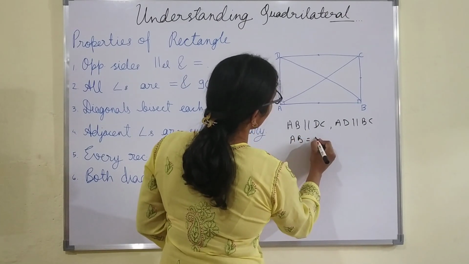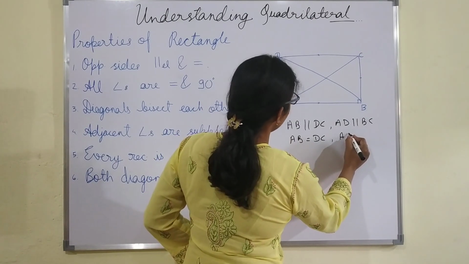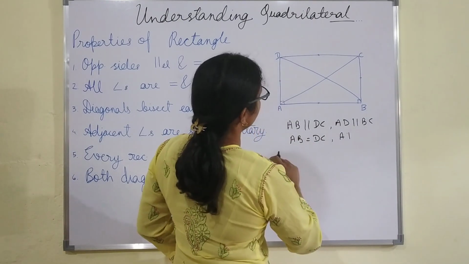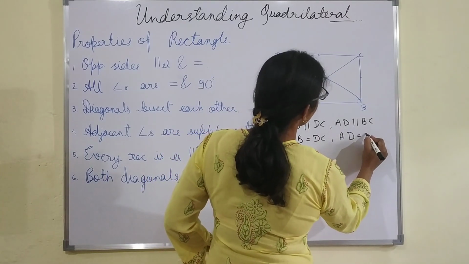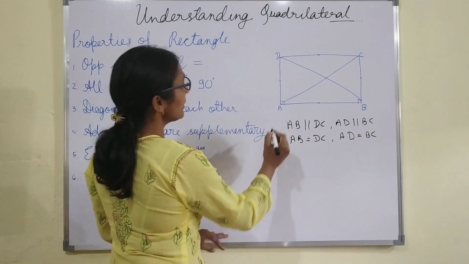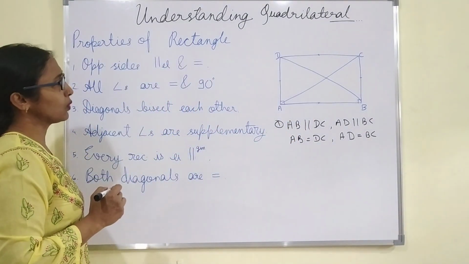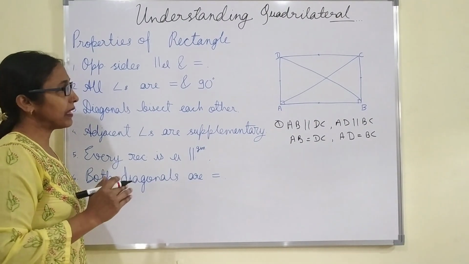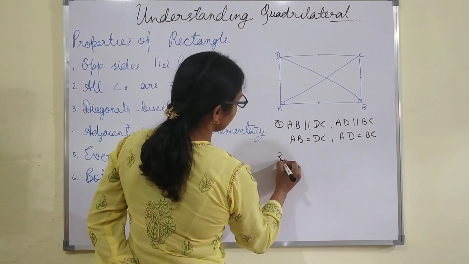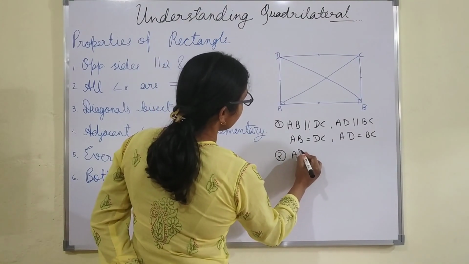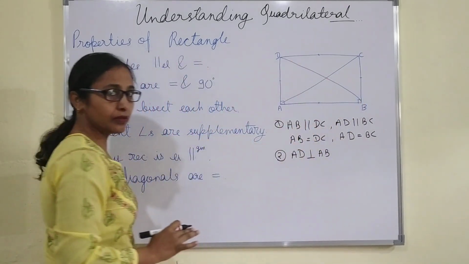AB is equal to DC and AD is equal to BC. Okay. Now, next is all angles are equal and 90 degrees. In a rectangle, all sides are perpendicular to each other. Means AD is perpendicular to AB and so on.